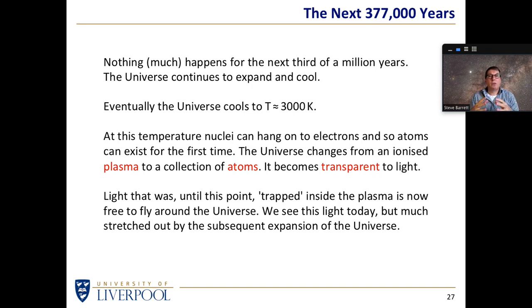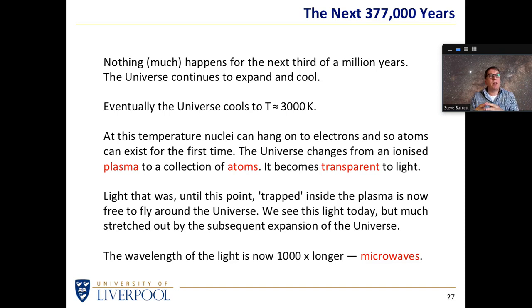But the universe has expanded quite a lot in the time from when the universe was 377,000 years old to today. The universe is now 1,000 times bigger than it was back then. If the universe is 1,000 times bigger, then the wavelength of light is now 1,000 times longer, because the light is stretched by the expanding universe.